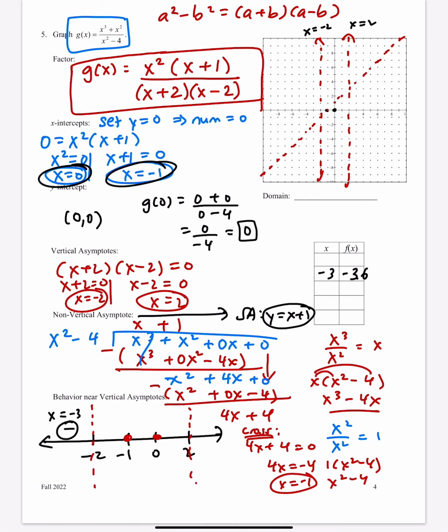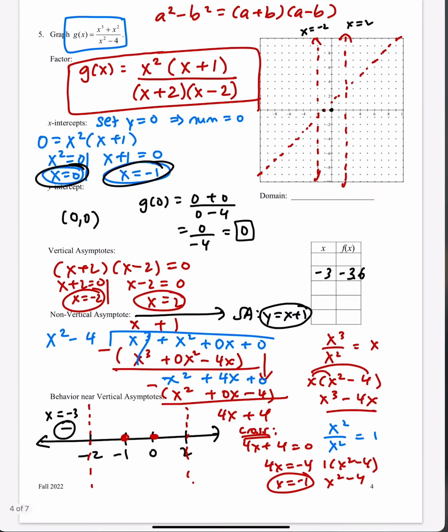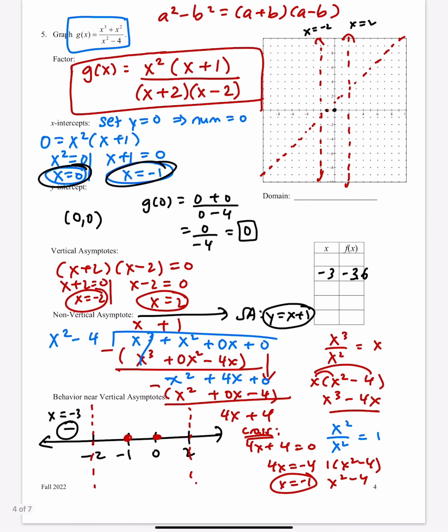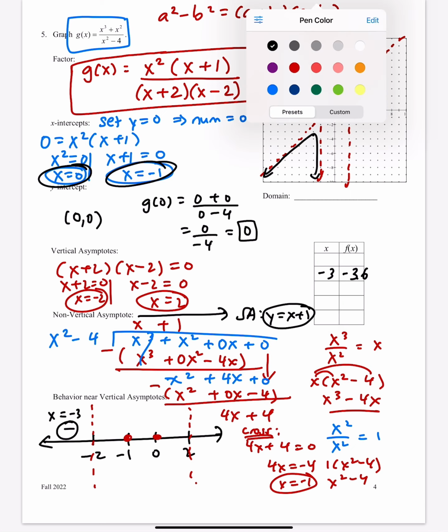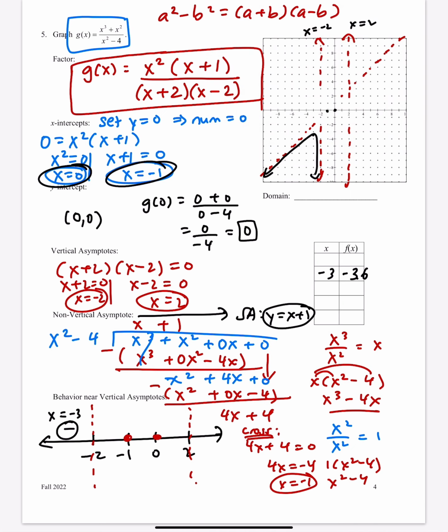So that means that anything to the left of negative 2 is negative. So negative 3 comma negative 3.6 is here. So it looks something like that. It's below this line, right? So let's fix that. Bam, bam, bam.